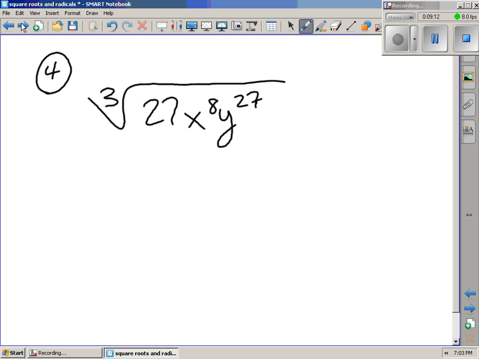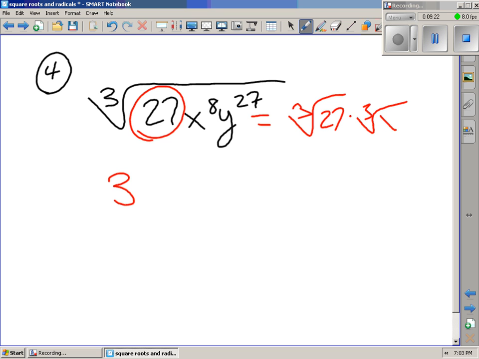And the final challenge problem. The cubed root of 27 is 3. And again, remember, I'm thinking of this as the cubed root of 27 times the cubed root of x to the 8th times the cubed root of y to the 27th. So I'm thinking of it as different pieces. I'm thinking of that in my head. Next, we have the cubed root of x to the 8th.